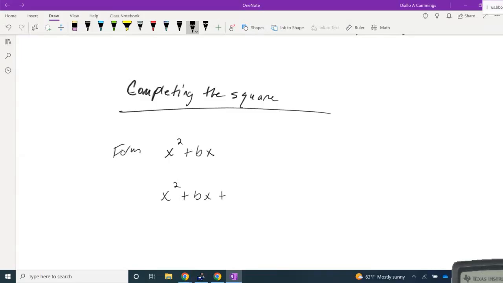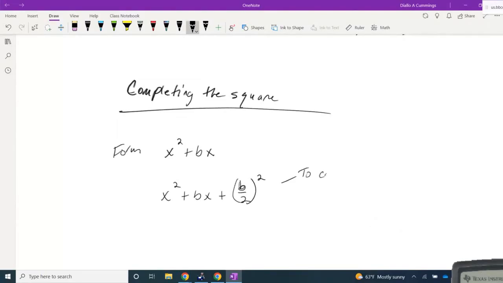by taking half of the coefficient of the middle term. I'm just writing this out theoretically, but I will put an example to it. You take the coefficient of the middle term divided by 2, and then we square it.